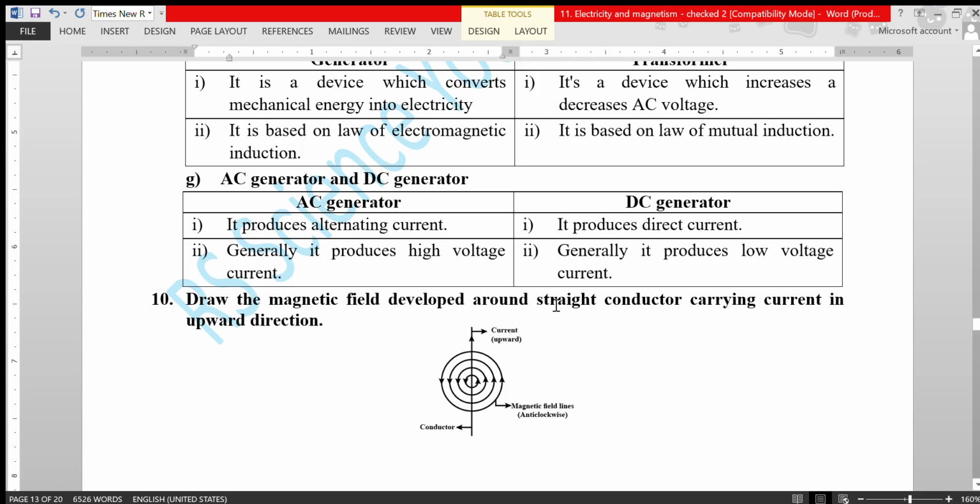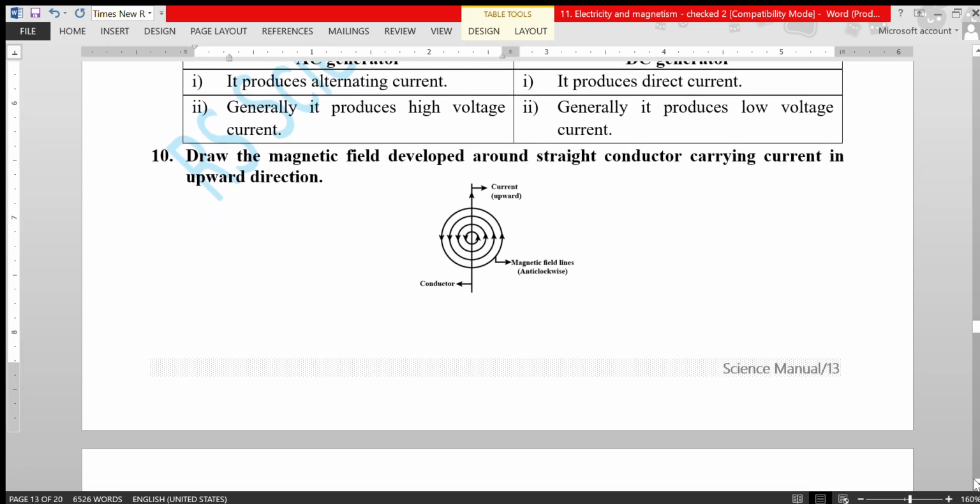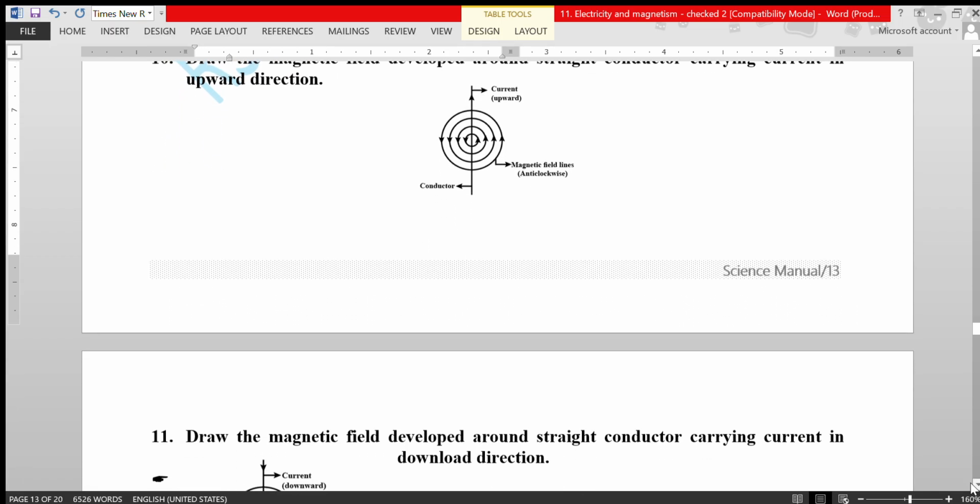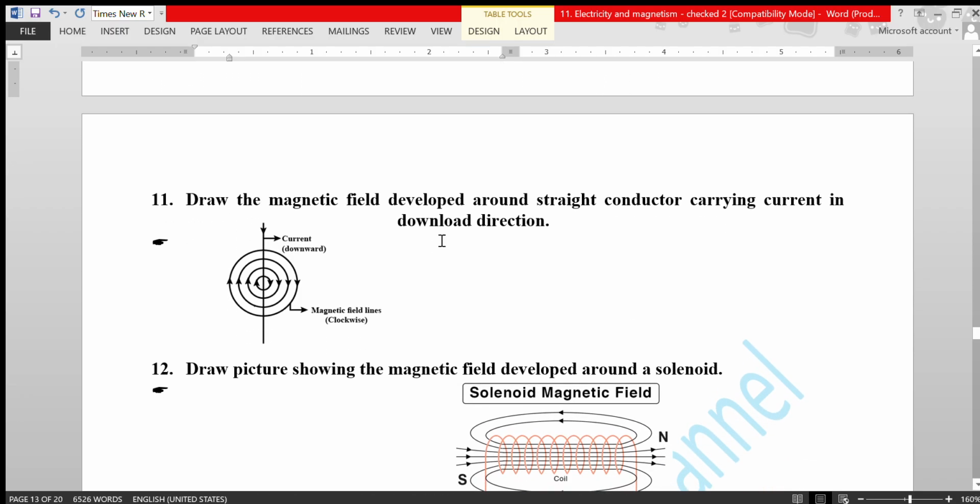Draw the magnetic field developed around a straight conductor carrying current in the upward direction. The magnetic field is circular. Draw the magnetic field around a straight conductor carrying current in the downward direction.